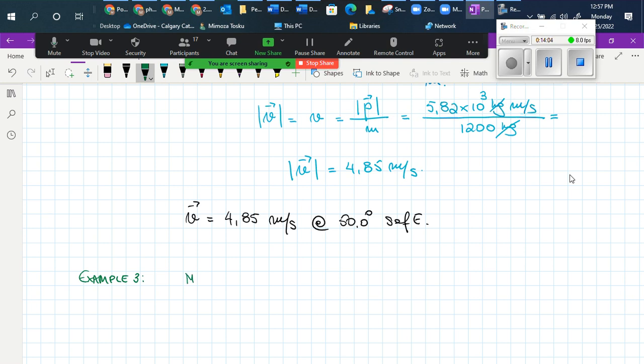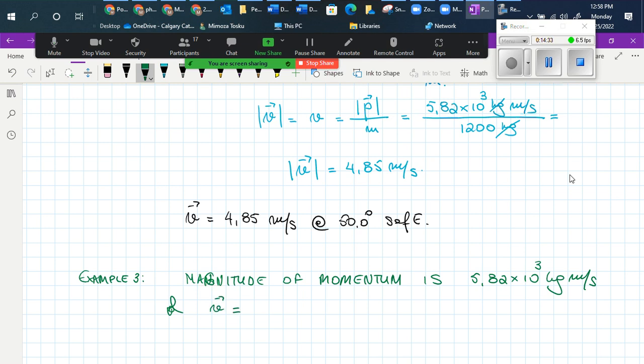The question is saying the magnitude of momentum is 5.82 times 10 to the power of 3 kilogram meters per second, and the velocity is 8.35 meters per second at 22 degrees west of north. What is the mass of the object?